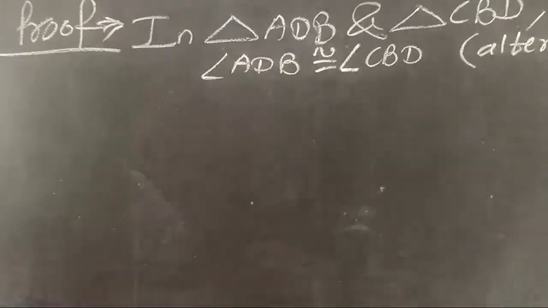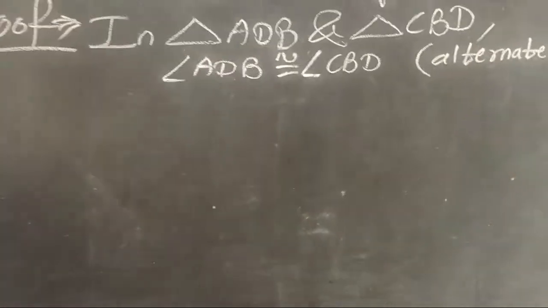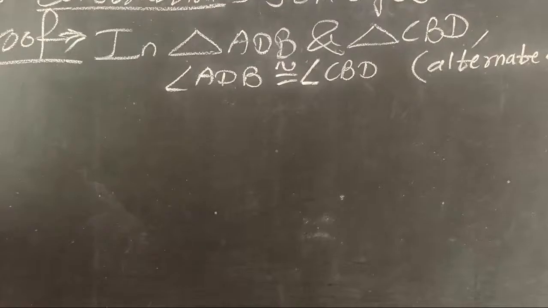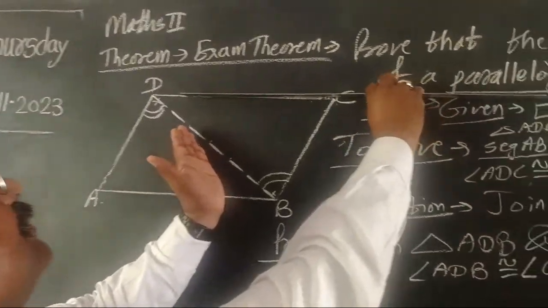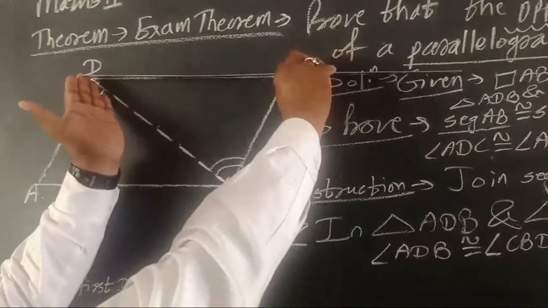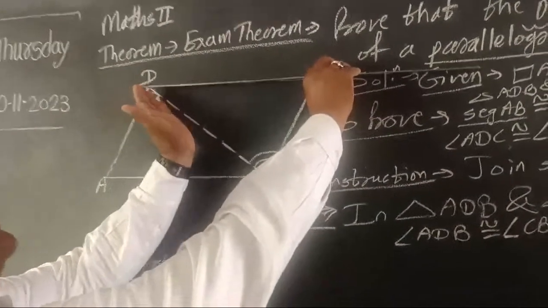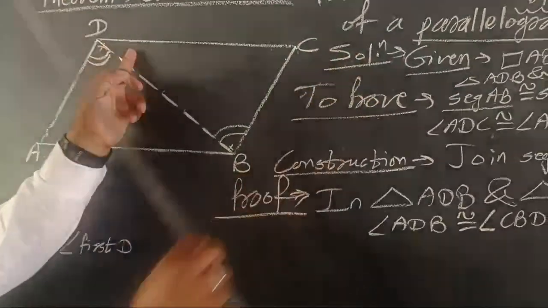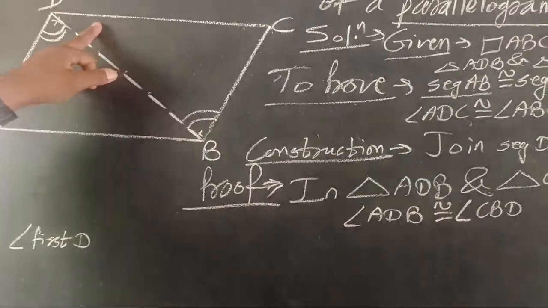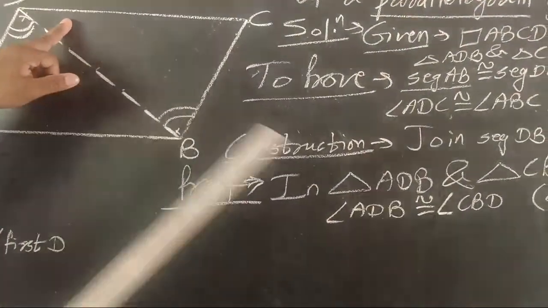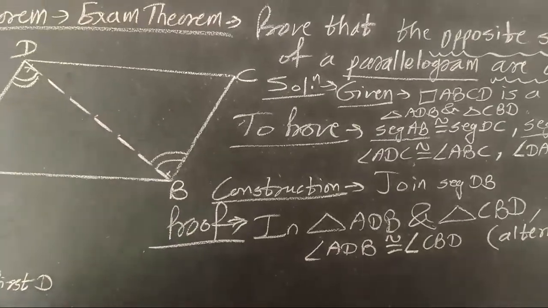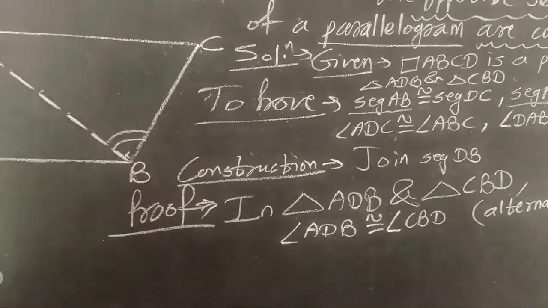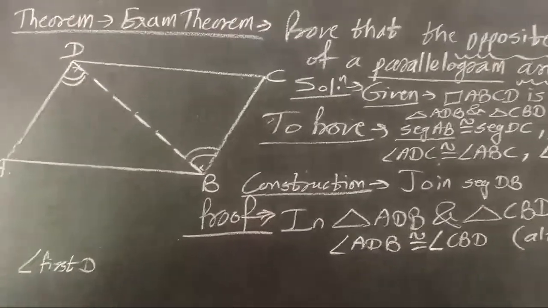Which lines are parallel? DC and AB. DC line and transversal making which angle? Tell the name of the angle, this angle. Angle CDB, but here angle CBD. That is the wrong answer. You told the wrong answer.